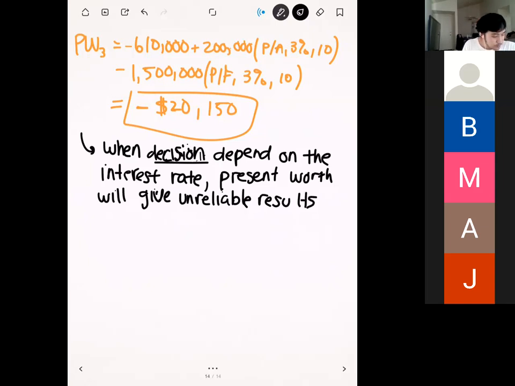Just as Arturo pointed out earlier, the really unique part of this problem is that we have a salvage cost instead of a salvage value.